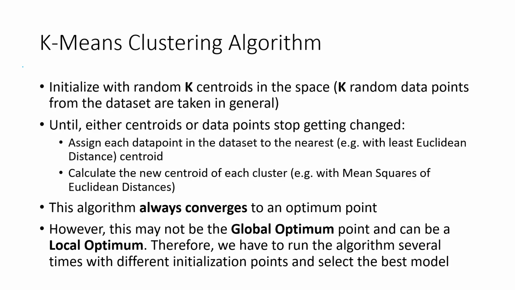Okay, so now you understand the difference, right? So the first thing is you can define random K centroids. Suppose it is a 10-dimensional space, you can define 10-dimensional random K data points. If the K is 3, you can define 3 data points with a dimension of 10.